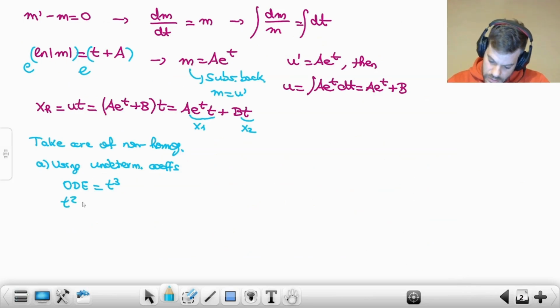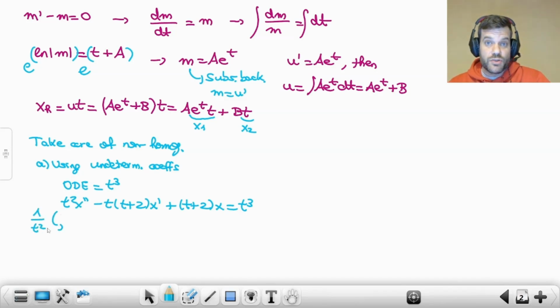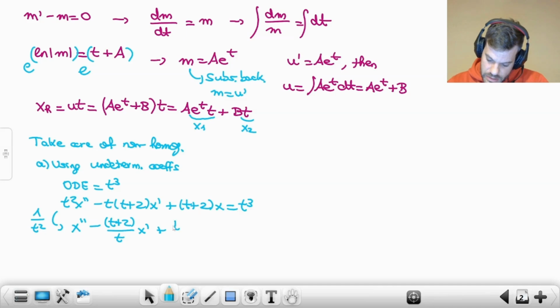So t squared x double prime minus t times (t plus 2) x prime plus (t plus 2) x equals t cubed. Let's divide everywhere by t squared so that the leading coefficient is 1. Super important when solving the non-homogeneous parts. So x double prime minus (t plus 2) over t x prime plus (t plus 2) over t squared times x equals just t.